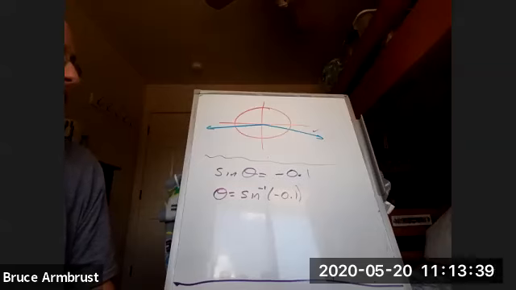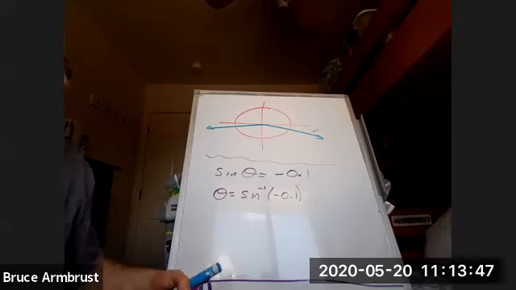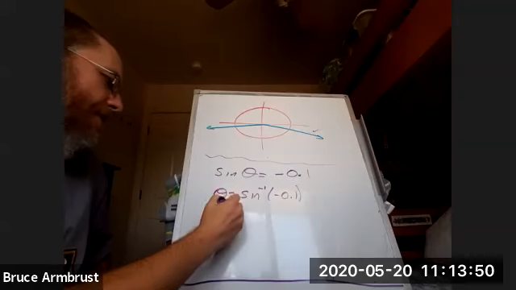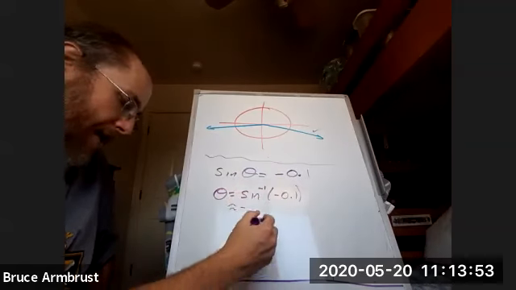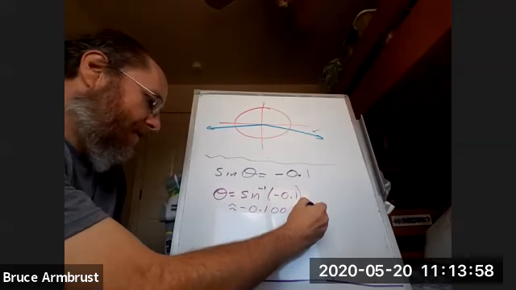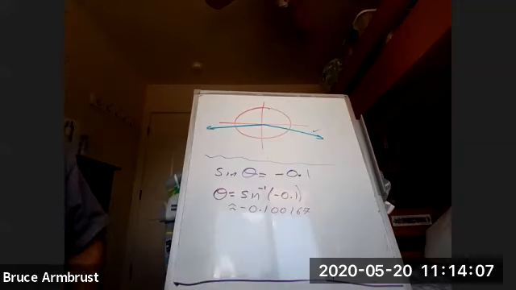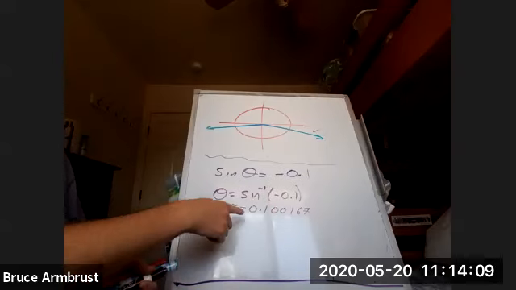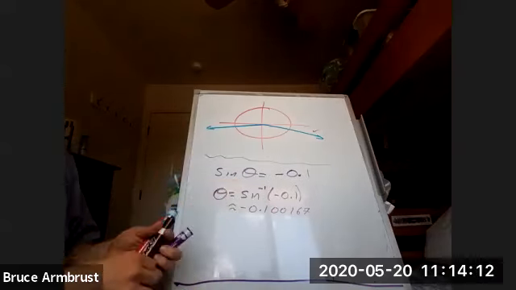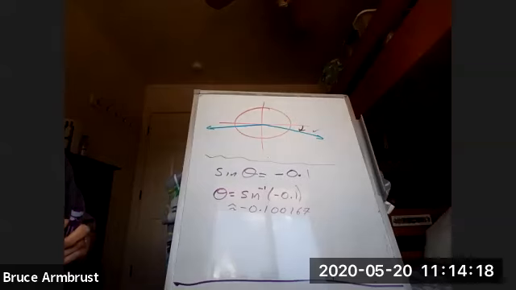Make sure that you know which mode you're in, whether you're radians or degrees. I'm going to stick with radians. And so what I get with my calculator is that this is approximately negative 0.1000167. How about I'll take it out that far? I figure 3 or 6 decimal places should probably be sufficient. Okay, so this negative 0.100 whatever, that's the rotation if we go clockwise to get us down there.